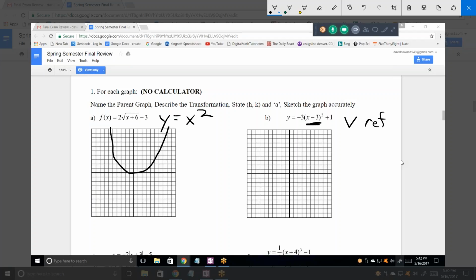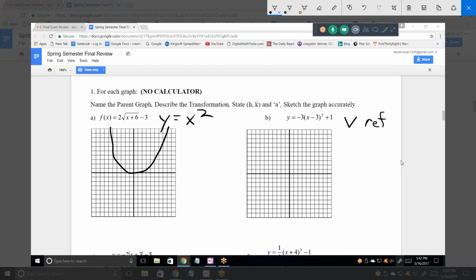Everything that's inside the function is a horizontal. Everything that's outside the function is vertical. So there's 3 vertical things you can do, and there's 3 horizontal things you can do. So if you tend to memorize it in terms of that, it makes it a lot easier to memorize these.